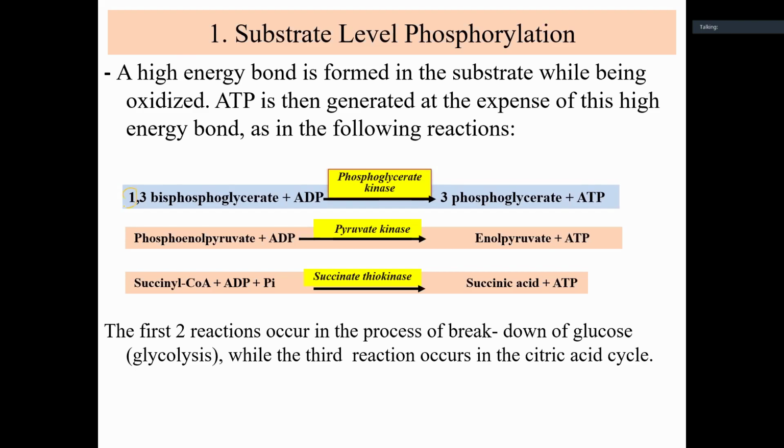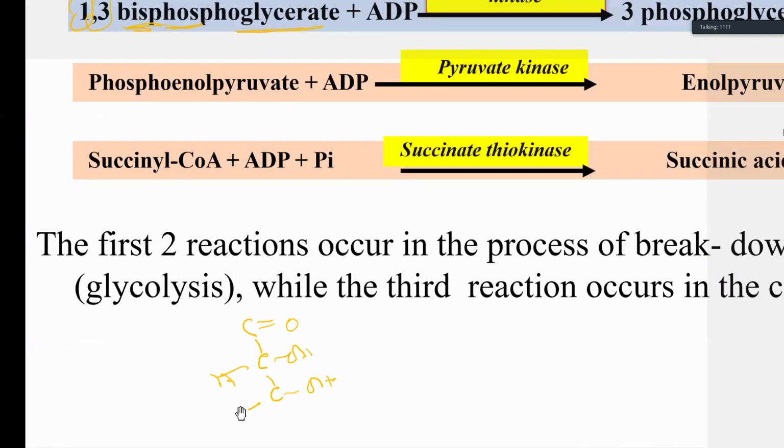1,3 bisphosphoglycerate. You remember? A 3 carbon compound, glycerate, from glyceraldehyde. This is carbohydrate. This is OH, this is OH, and this is CH2OH.